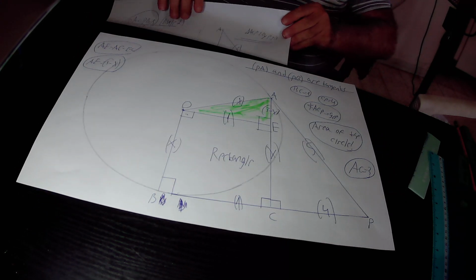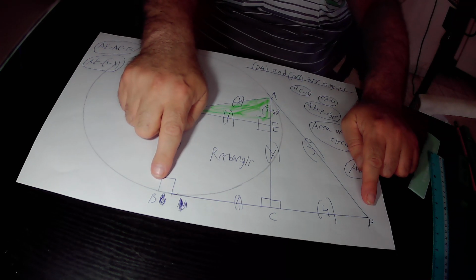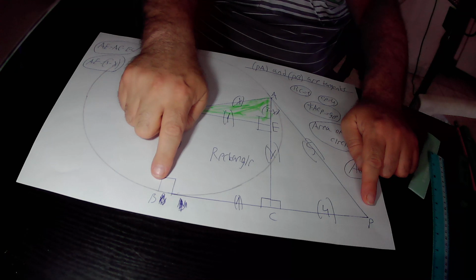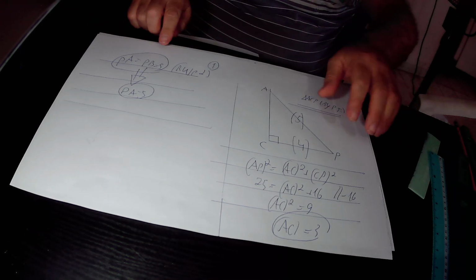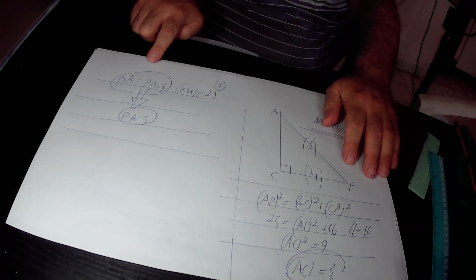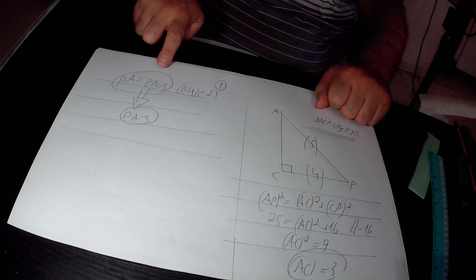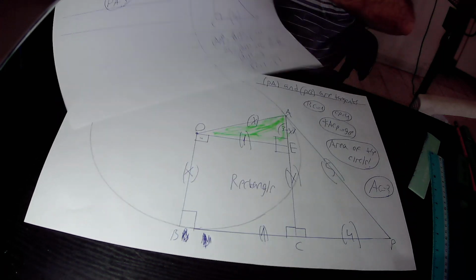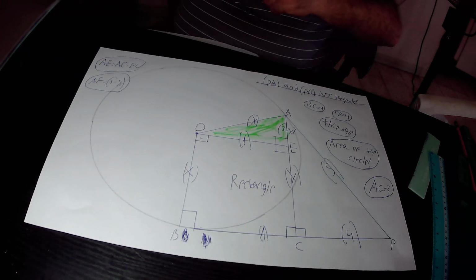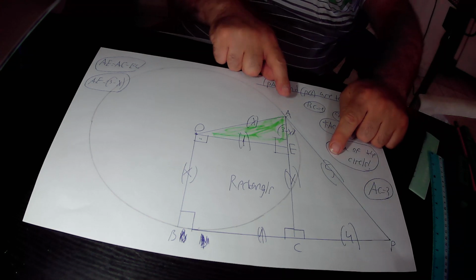But it is given in the question that PB in total equals 4 plus 1, that is 5. So we can write here that PB equals 5, and from this equation PA equals PB equals 5, we will derive that PA is also equal to 5 units in its length.